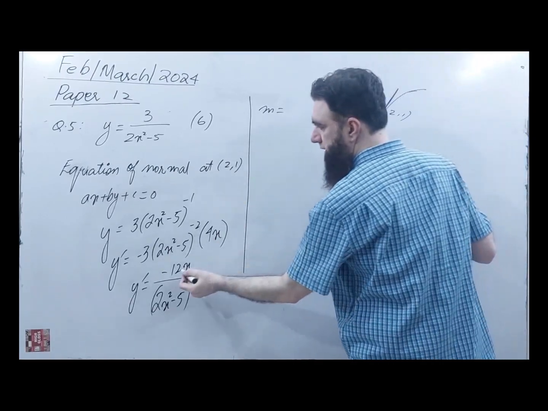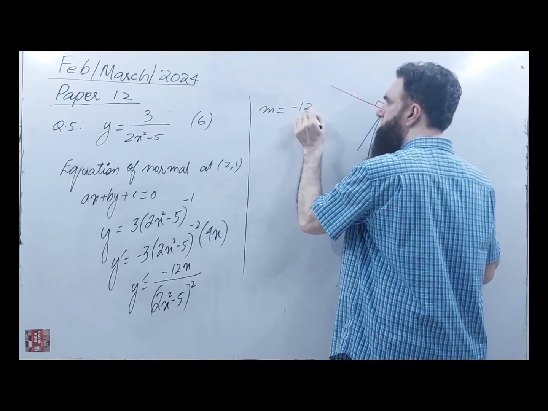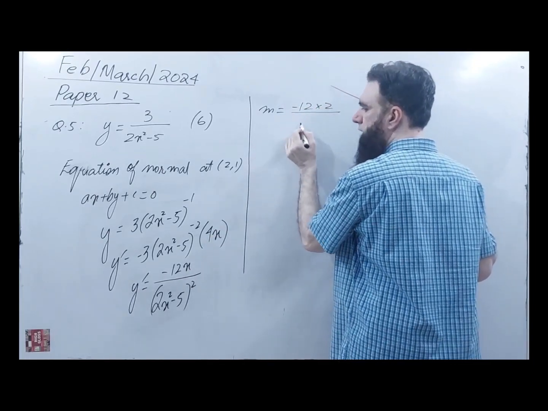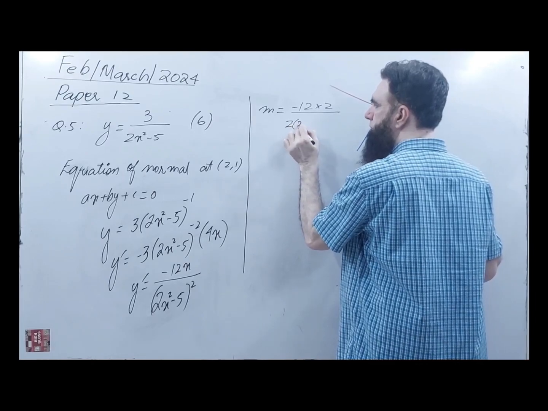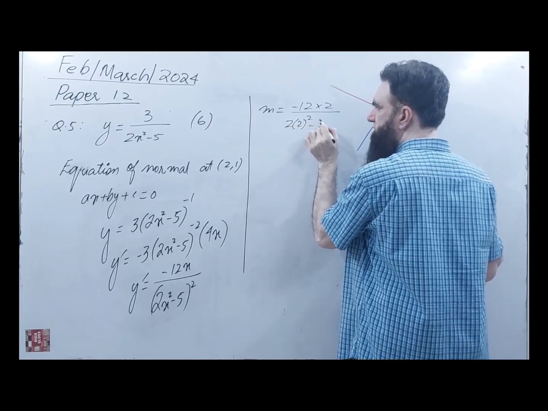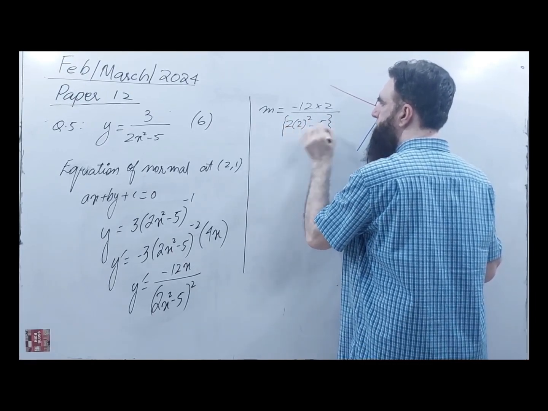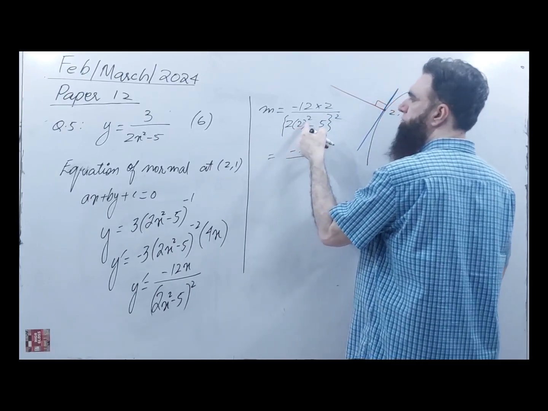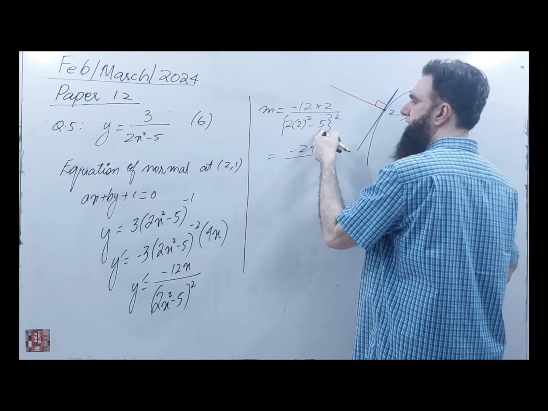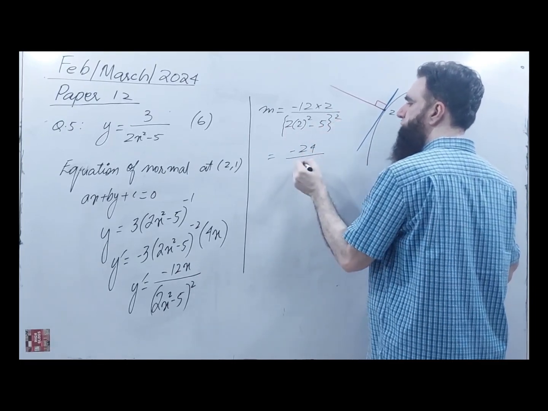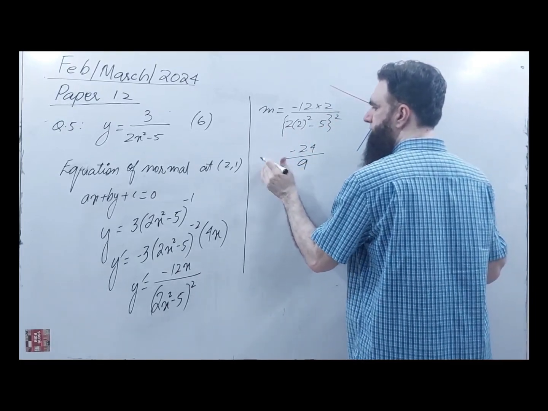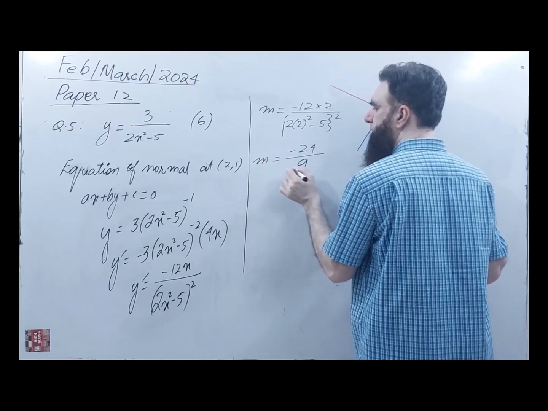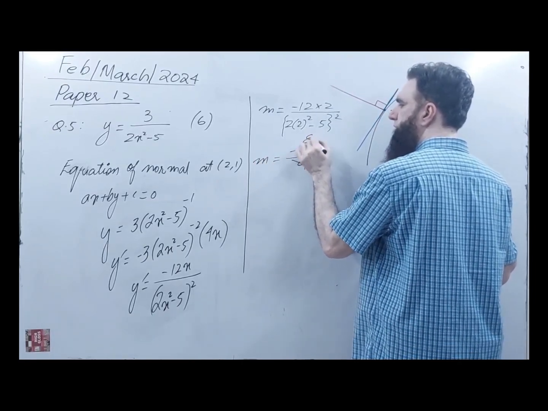Y dash, if you put x equals to 2, this becomes minus 12 into 2 upon (2 square minus 5) whole square. So this becomes minus 24 upon, 2 square is 4, 2 fours are 8, 8 minus 5 is 3, 3 square is 9. So this is the gradient of the line. 3 threes are 9, 3 eights are 24.